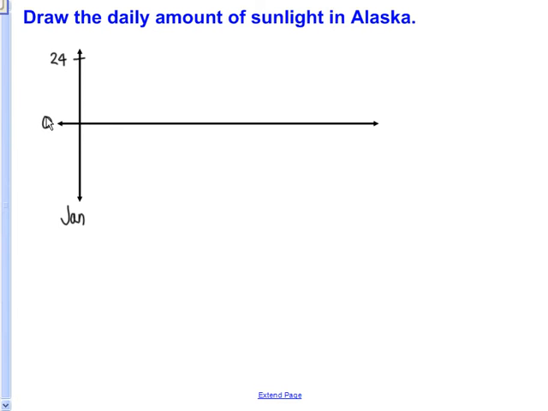It's starting out with 0 sunlight, but by the time it gets to June, they're up to 24 hours. But then by the time it gets back to January again, it's back to 0. And back up, and back down, and back up. So that would be another example.